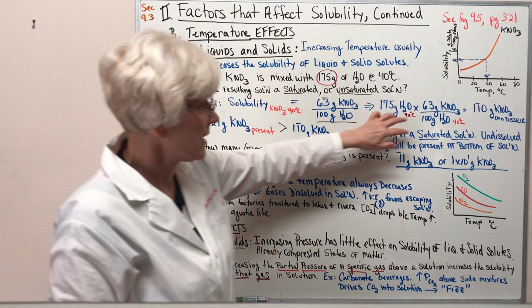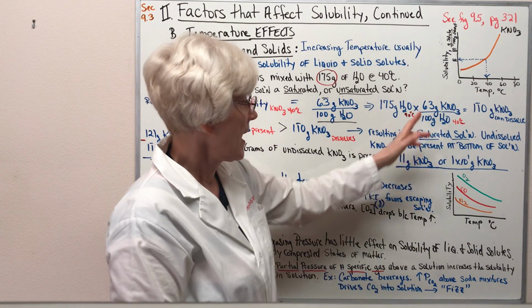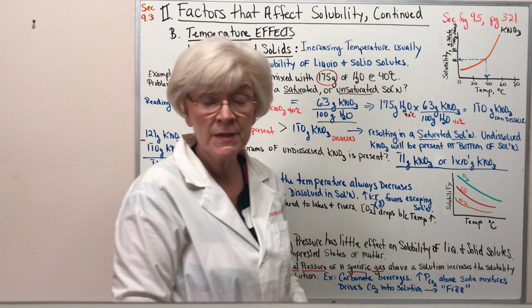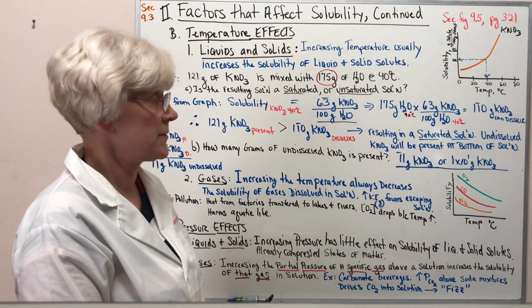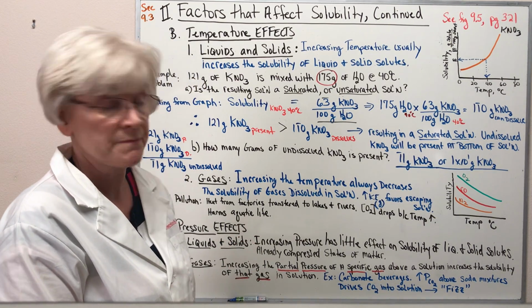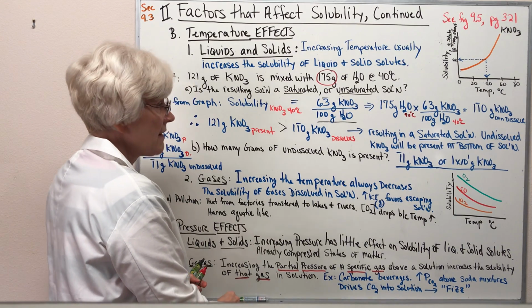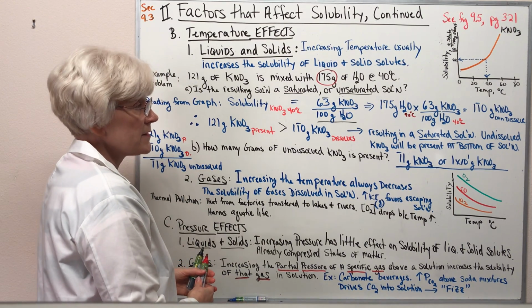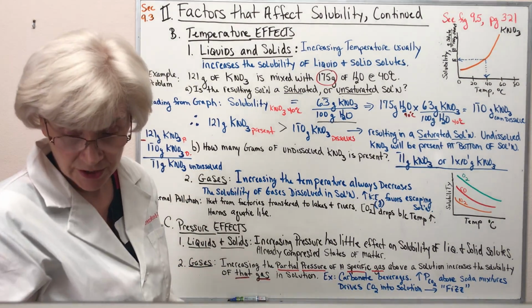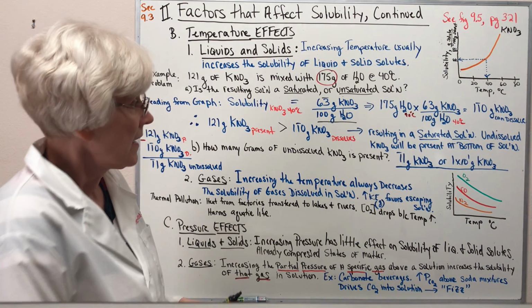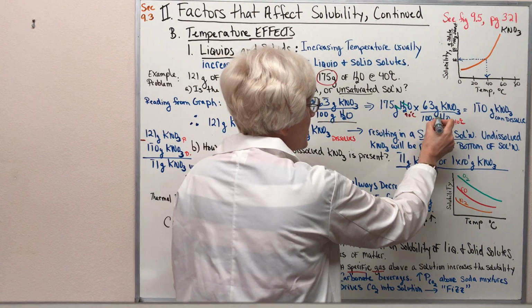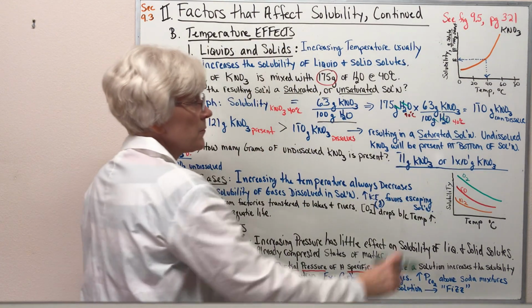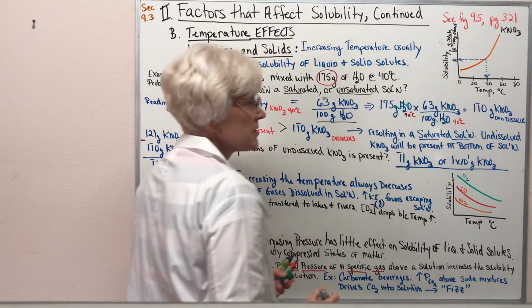We can use that as a conversion factor and calculate how many grams of potassium nitrate can dissolve in 175 grams of water. So all those dimensional analysis skills that we learned at the beginning of this semester are coming back to be useful for us here. Our grams of water are canceling. We're left with grams of potassium nitrate.